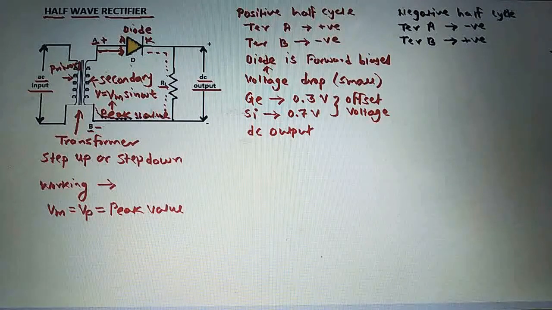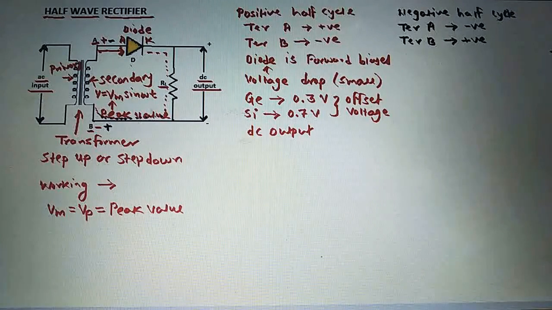So as terminal B is positive and terminal A is negative here, then what happens? The current flows from terminal B to terminal A here, and when the current flows from terminal B to terminal A, what happens?